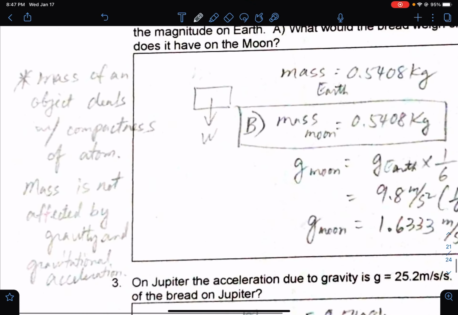Okay, so the mass of an object deals with the compactness of atoms. Mass is not affected by gravity and the gravitational acceleration. Okay, that makes sense. That's the reason why mass is the same, regardless of what planet the object is located in.